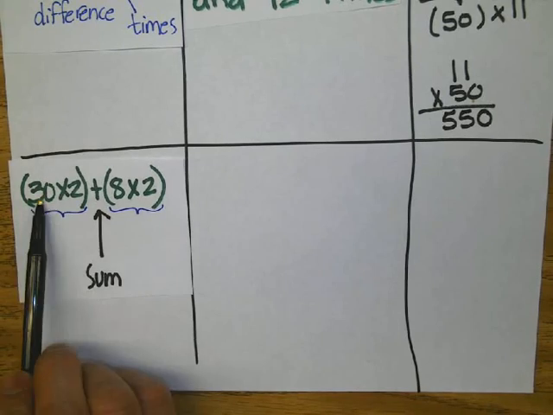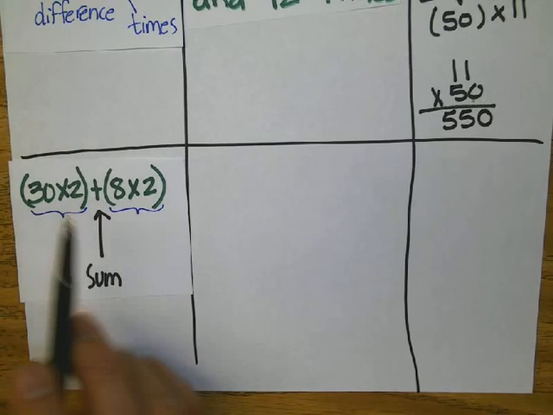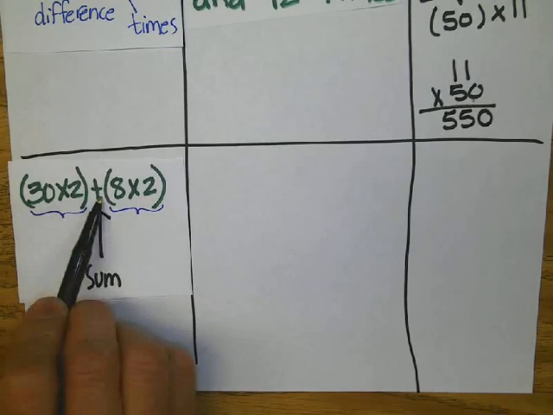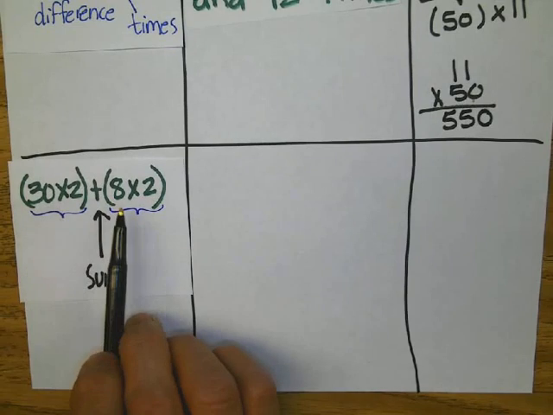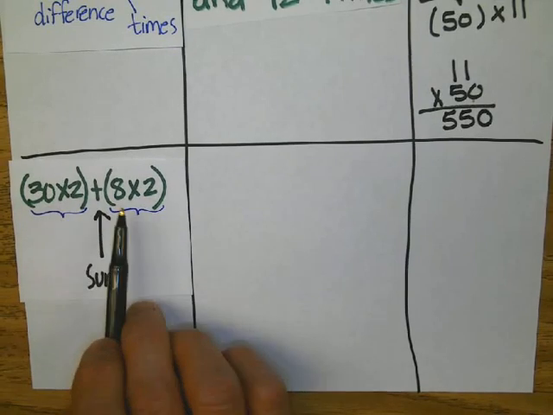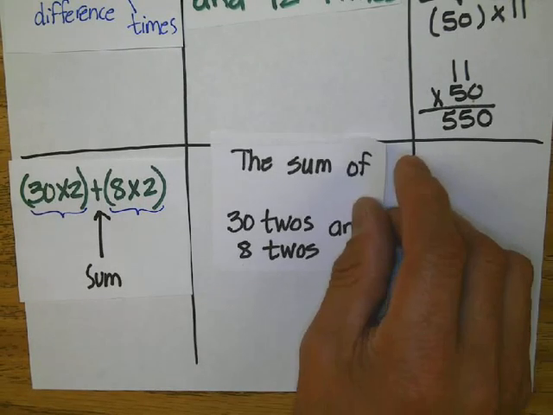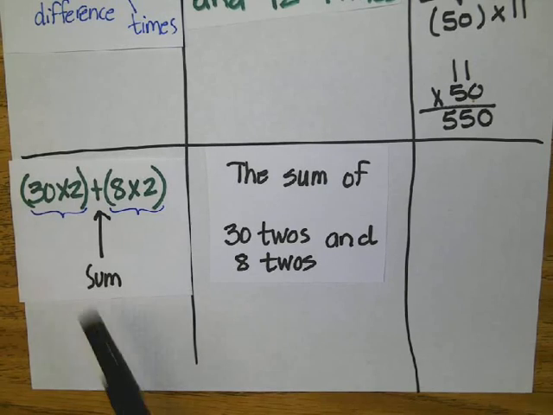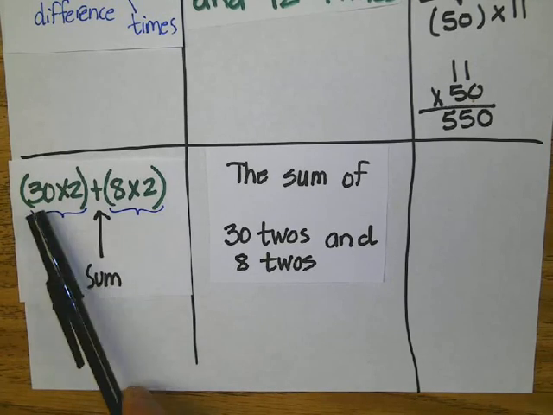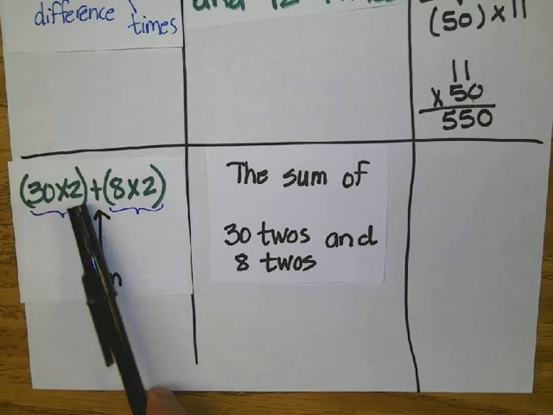So that will be 30 groups of twos. And this will be 8 twos, or 8 groups of twos. So how will you write that down now? This is how you write it. The sum of 30 twos and 8 twos.